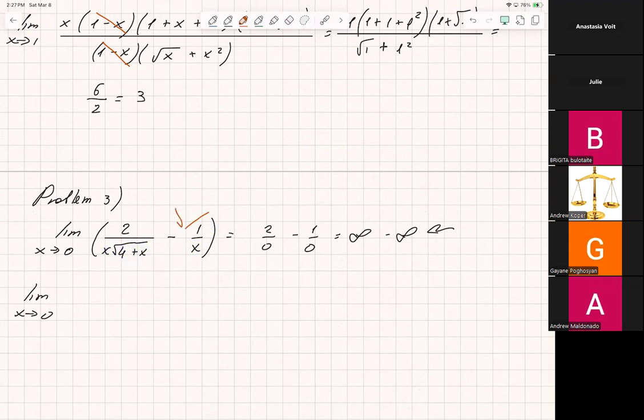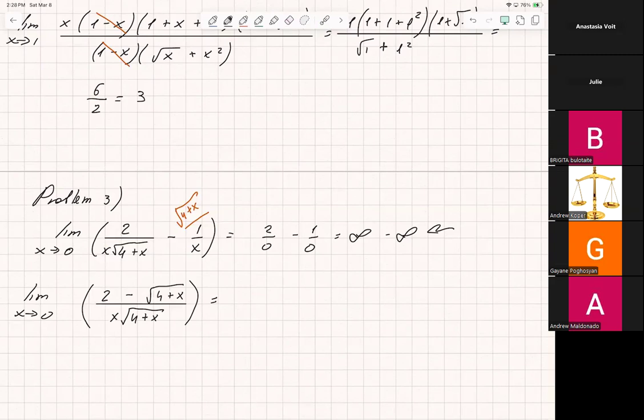So let me write that. So we would have here 2 minus 1 times square root of 4 plus x divided by the common denominator now, right? Okay.